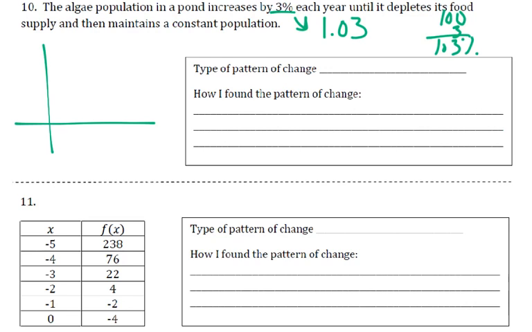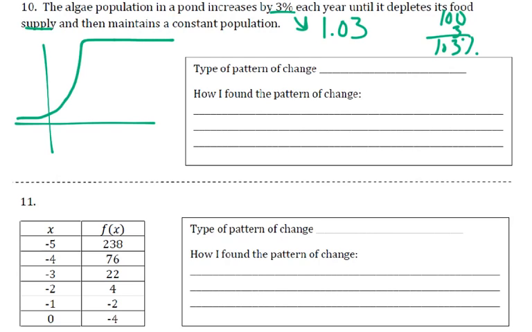So we're multiplying our population by 103%, or 1.03, until we get to the food supply, and then it's just going to stay the same. So it's going to start here and go up, up, up, and then it's going to kind of just level off, isn't it, once it hits that peak.